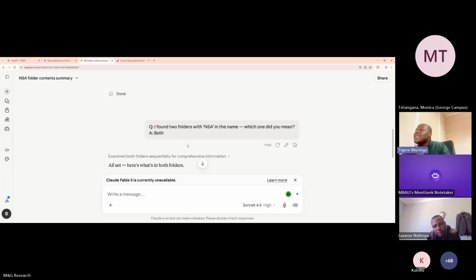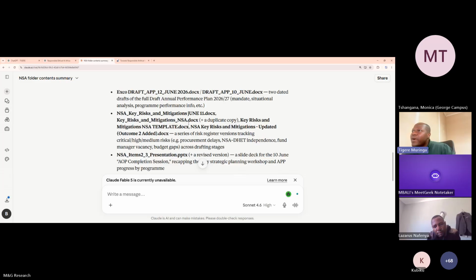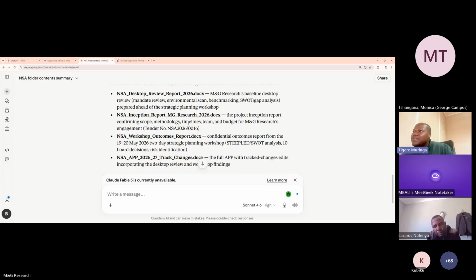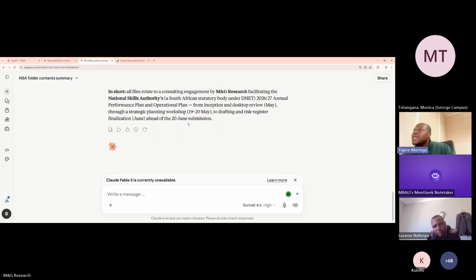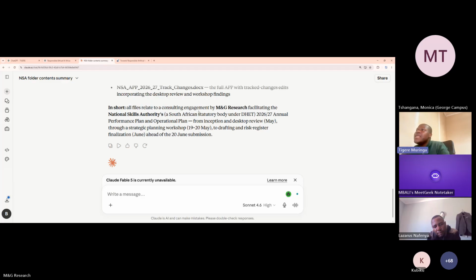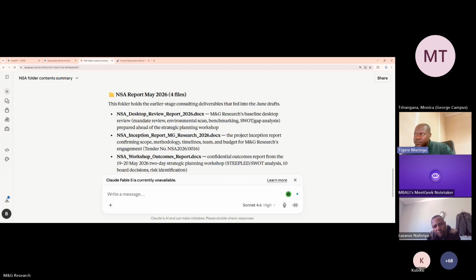So basically this agent has trained itself to look for the information, using the information in your drive to look for these two files, and it has found them, and it has given me, it says in short, all files relate to consulting engagement by M&G Research Facilitating NSA. Already the information about this project that I was working on is there on their platforms.